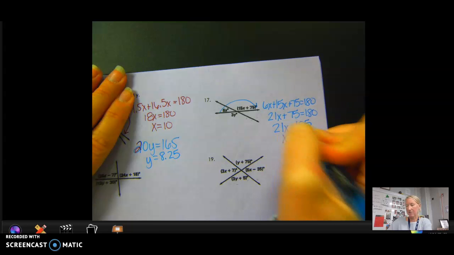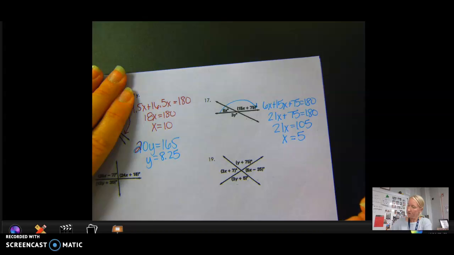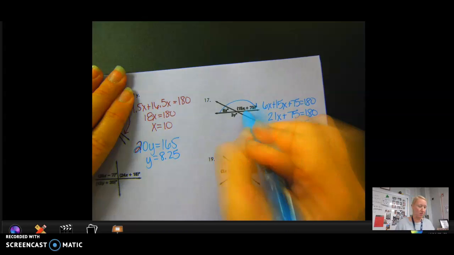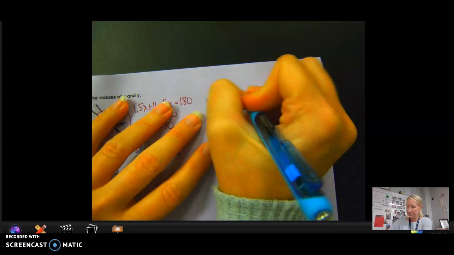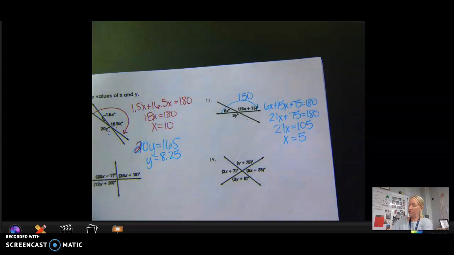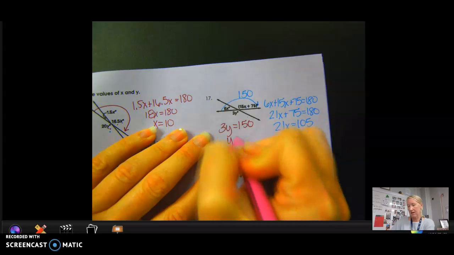X equals, I think, 5. I'm going to plug 5 in here. So I'm going to do 15 times 5, and then plus 75. That's 150 degrees here. So then we know that 3y is equal to 150 because they are vertical angles. So y equals 50.